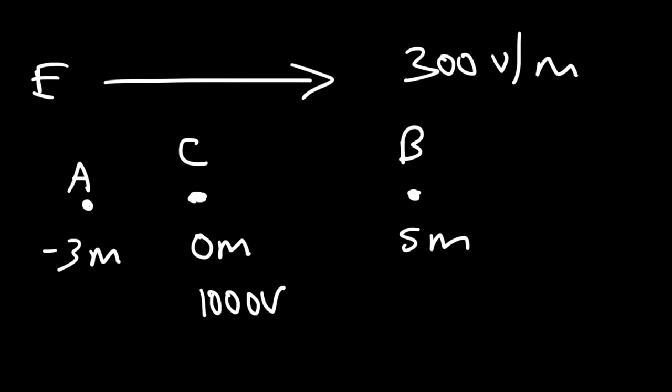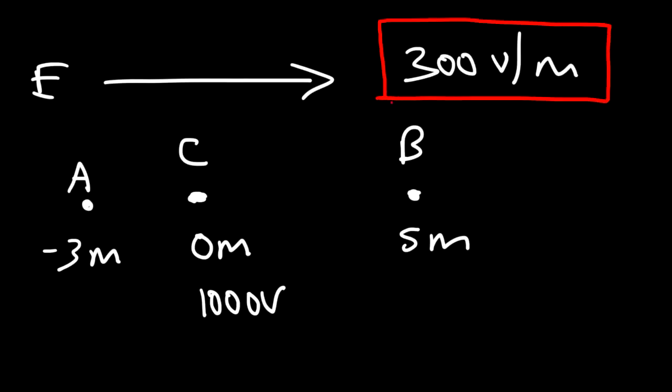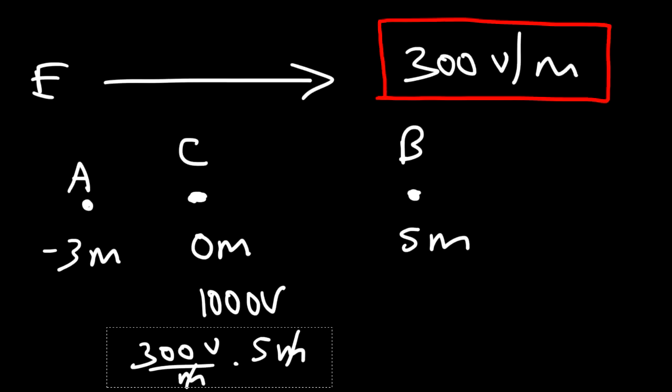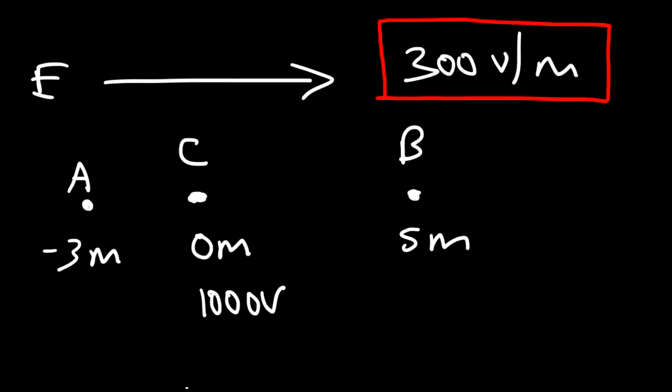Now, the electric field tells us that the potential changes by 300 volts every meter. So in 5 meters, it's going to change by 300 volts per meter times 5 meters, which is 1,500 volts. Now, is it going to be higher or lower than position C? Remember, the electric field tells you how the potential is changing.